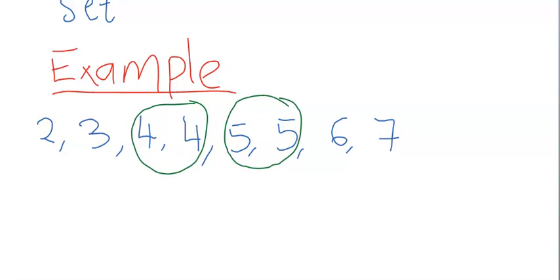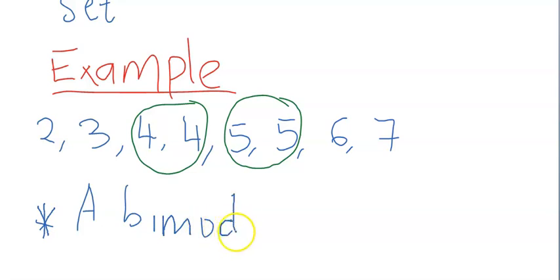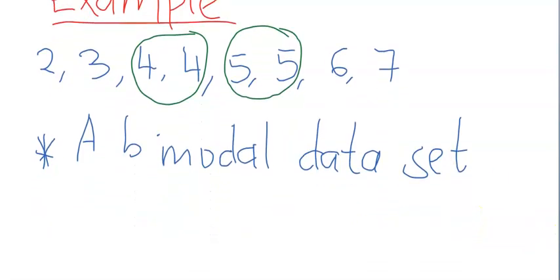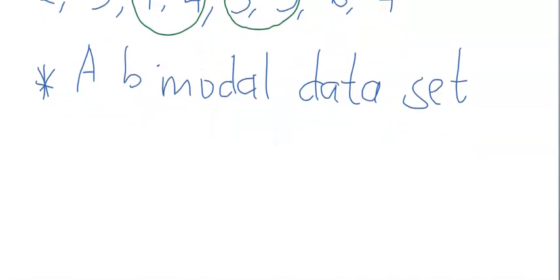So we say that this data set is what? A bimodal data set. Why? Because we are having two values appearing more frequently than other values in the data set.